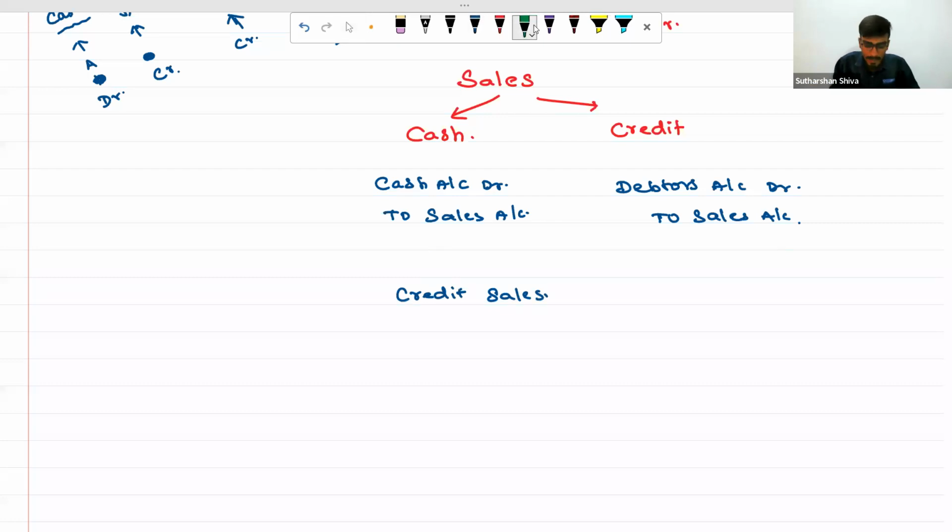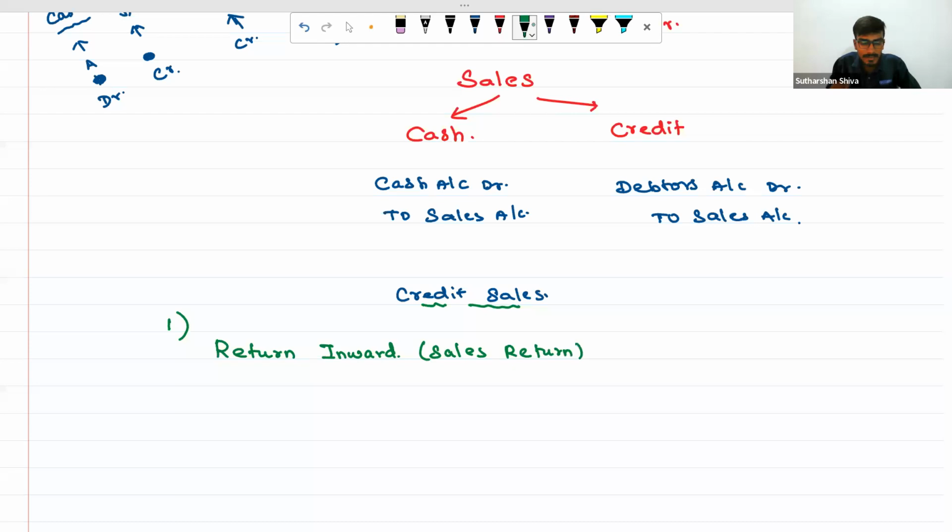This credit sales has been bifurcated into, first, what if there are any damages? For any damages, we can do return inward, popularly known as sales return.